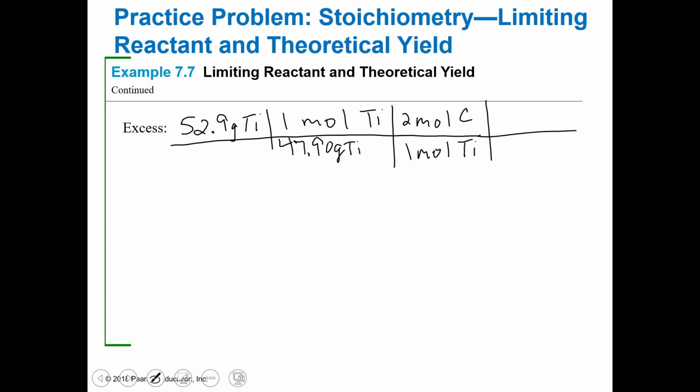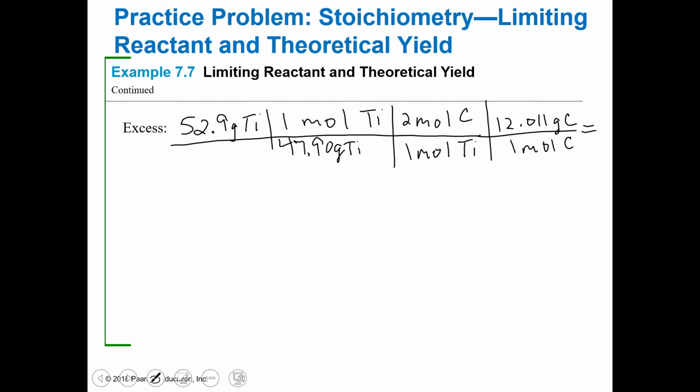And then I'm going to convert carbon back to grams. And I'll just do the math really quickly. 52.9 times 2 times 12.011, whole thing divided by parentheses, 47.90 times 1 times 1.